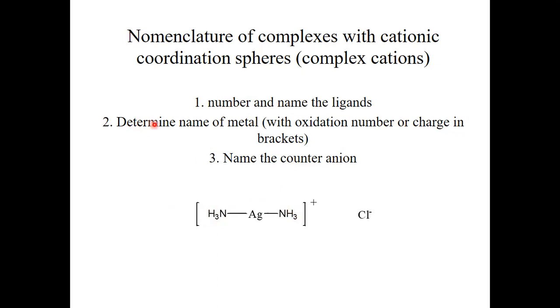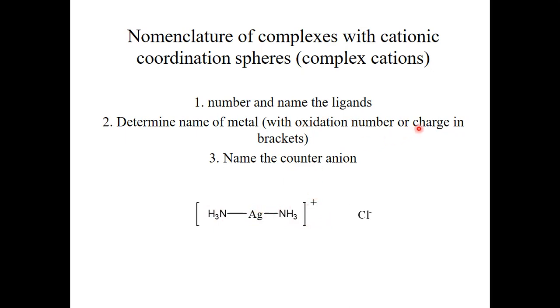So next we name the metal. So the metal name is now silver. We use the English name in this case. So it's a diamine silver. Now again, we need to determine the oxidation number in the Stock system. So the oxidation number is +1. Why is that? Because the amine ligands are neutral ligands. The complex has a 1+ charge, so therefore silver must have an oxidation number of +1.